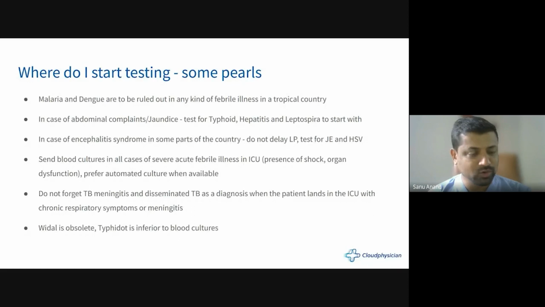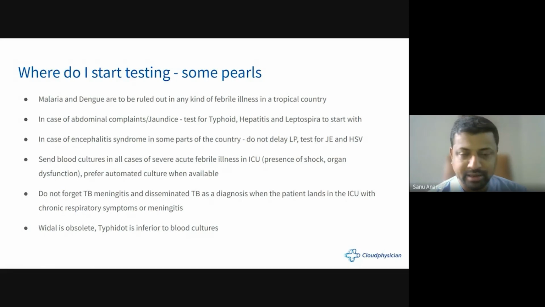This is turning out to be more of an internal medicine presentation than a critical care presentation, but that's how tropical infections are. Deep knowledge of certain diseases is needed when you're dealing with these diseases, and it's primarily about diagnosis rather than management. Management for tropical infections pretty much has a simple template, to be honest.